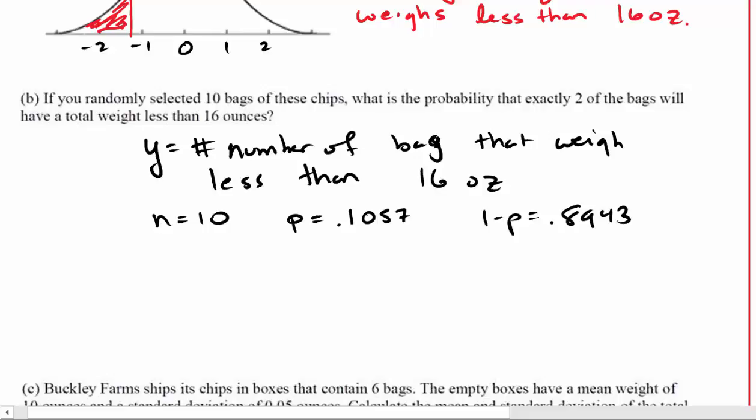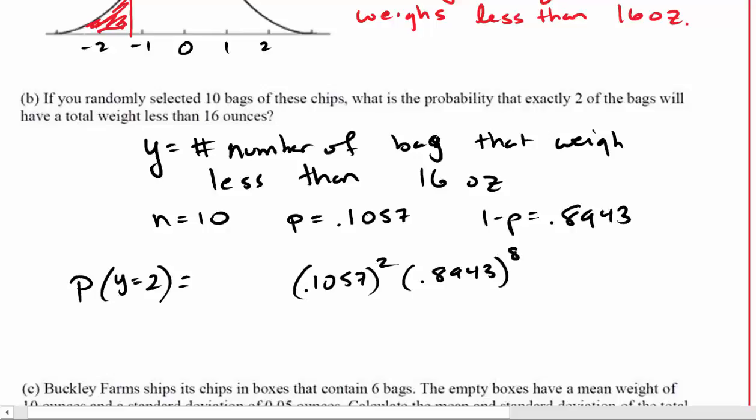So in order to calculate the probability that we'll have exactly 2, we need to calculate 0.1057 to the power of 2, so there's 2 opportunities of success, but then we have to ensure ourselves 8 opportunities of failure.